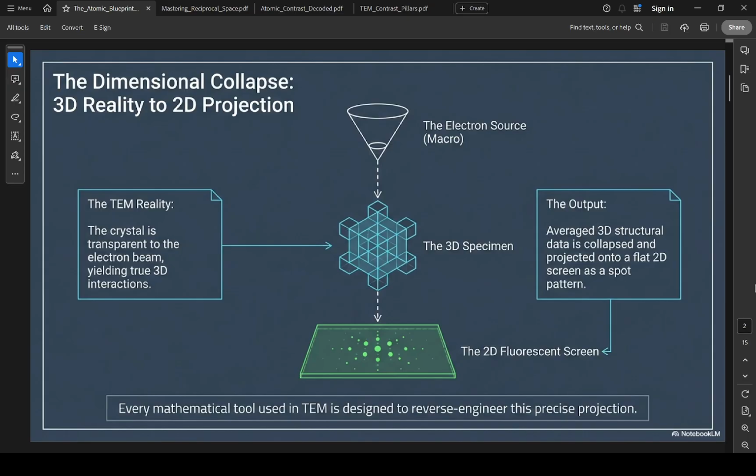All the 3D data gets averaged and collapses into a 2D projection, which we see on the fluorescent screen. Our purpose is to reverse engineer this projection into 3D data.